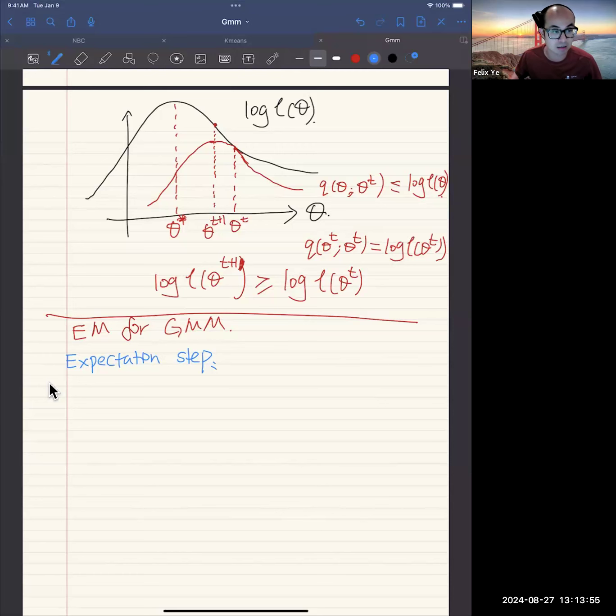In this case, we need to evaluate the posterior distributions. So the whole idea is to calculate the posterior distributions.